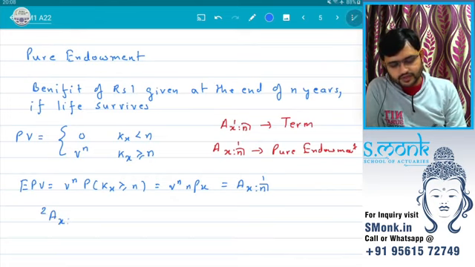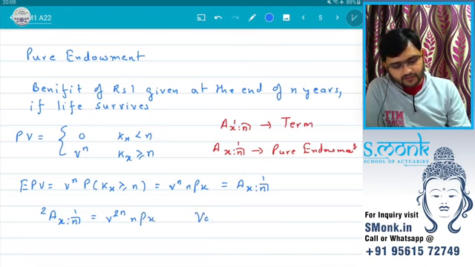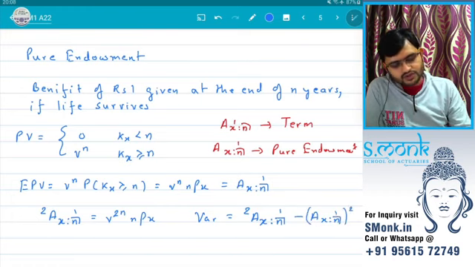2ax n dash will just be v raised to 2n npx, and variance will just be 2ax n dash minus ax n dash whole square.